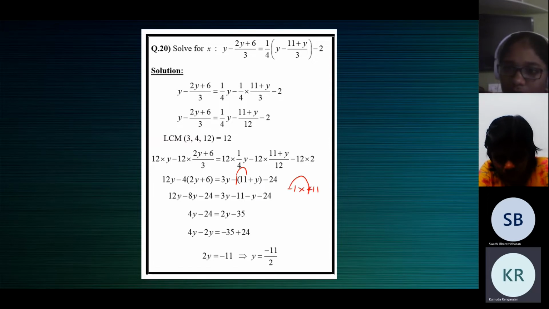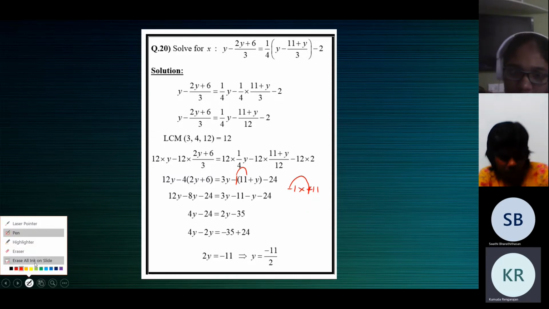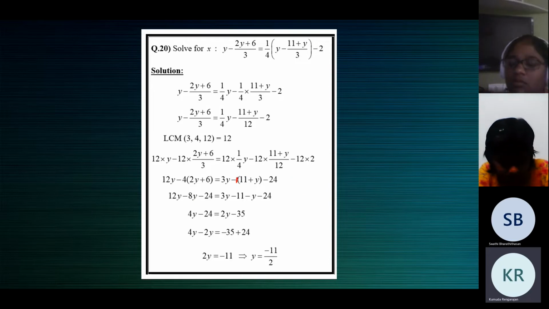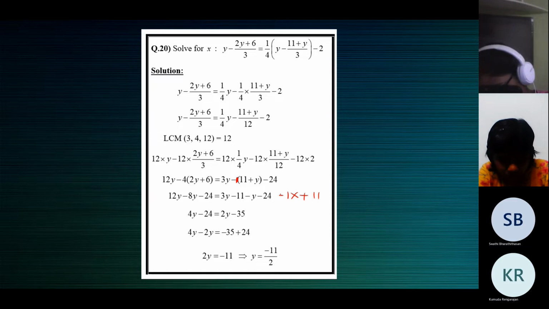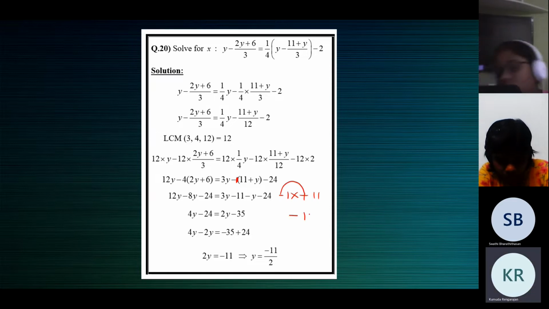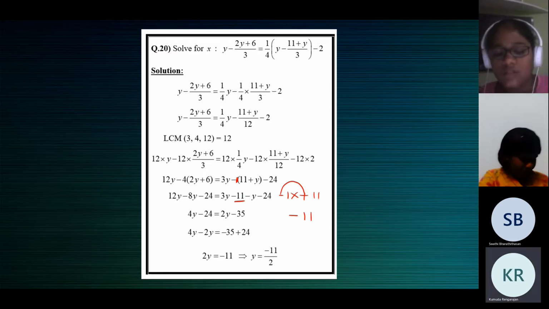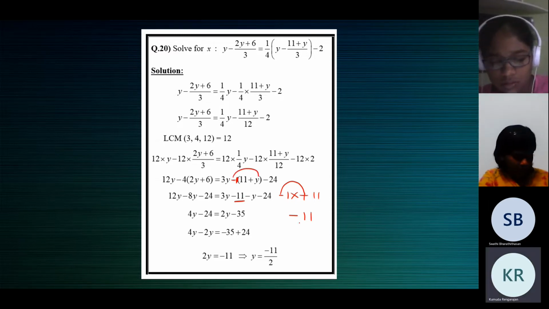I've told you when you're multiplying 2 terms, multiply their signs first. So there's a minus 1 here. You're multiplying minus 1 and plus 11. Minus into plus is minus, 1 into 11 is 11. Minus 11. Then minus 1 into plus y.